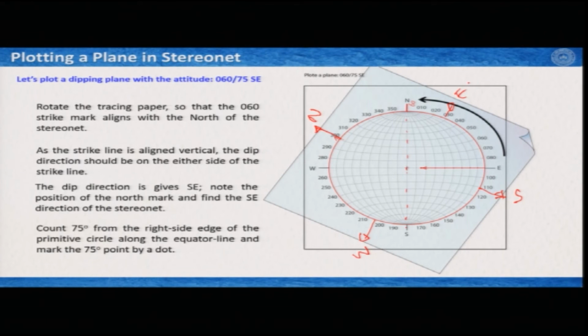If this is so and the bed is dipping on the southeast side, it must dip in this direction. So, we have to count from the east or the equatorial intersection here 75 degree towards the center of the stereo net. Again the grids are 10 degrees. So, you count 10, 20, 30, 40, 50, 60, 70, and here you have 75 degrees, and you mark this 75 degrees point with a dot.